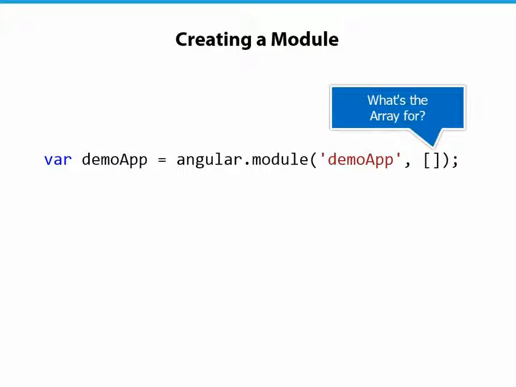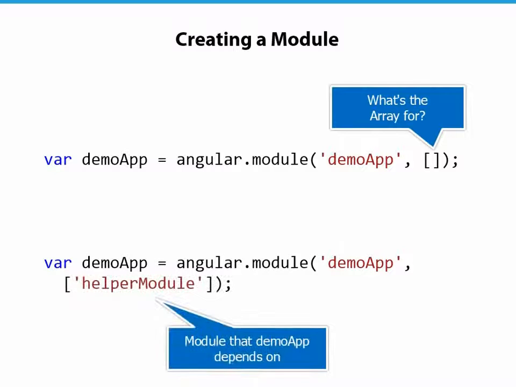And the answer is this is where dependency injection comes in, because your module might actually rely on other modules to get data. So here's an example of that. We have demoApp again. We say, hey, Angular, create me a module called demoApp. And then I need to rely on another module. In this case, I just called it helperModule.